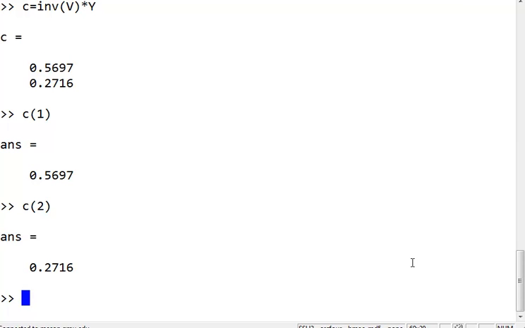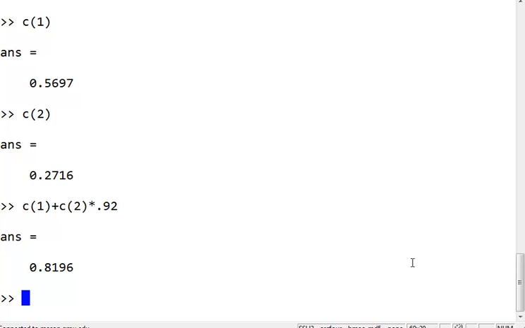So for my estimate of 0.92, I'm going to take C of 1 plus C of 2 times 0.92, which gives 0.8196. There's my first estimate for the area under the standard normal curve to the left of 0.92.